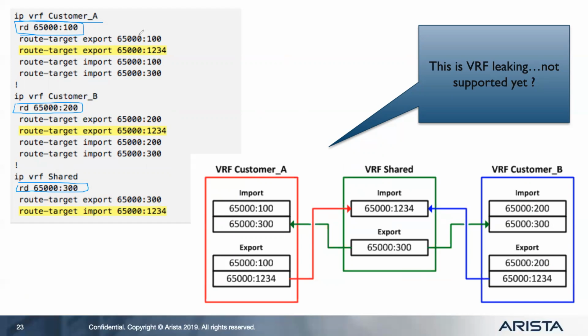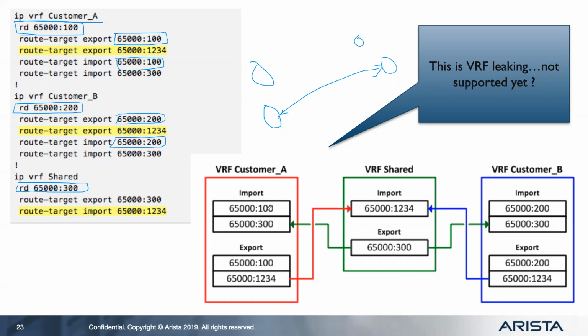Now, first, you are exporting 65,100 and you are also importing the same. So basically, whatever routes of customer A you want to exchange from one side to another side, between these two sides. Similarly, here we have 200 import and export.